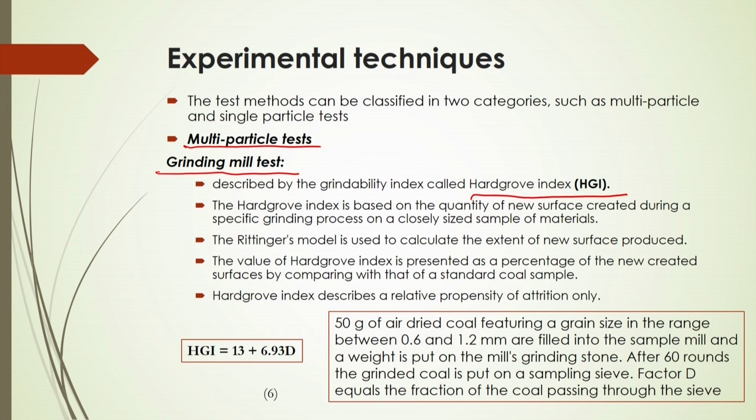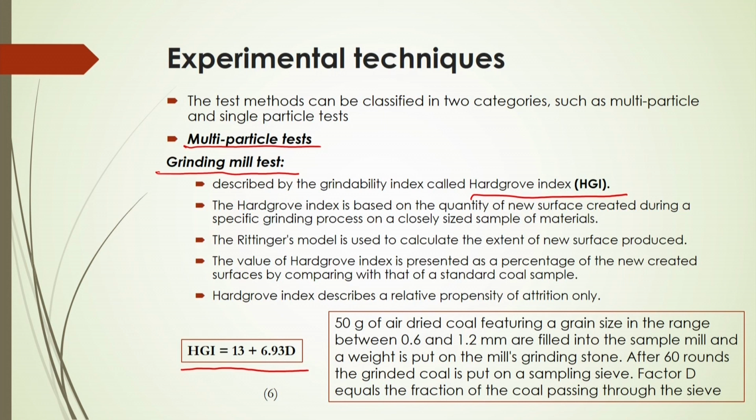So, the Hardgrove index can be represented as HGI equal to 13 plus 6.93 into D, where D is the factor here. 50 gram of air dried coal featuring a grain size in the range between 0.6 and 1.2 millimeter are filled into the sample mill, and a weight is put on the mill's grinding stone. After 60 rounds, the ground coal is put on a sieve.